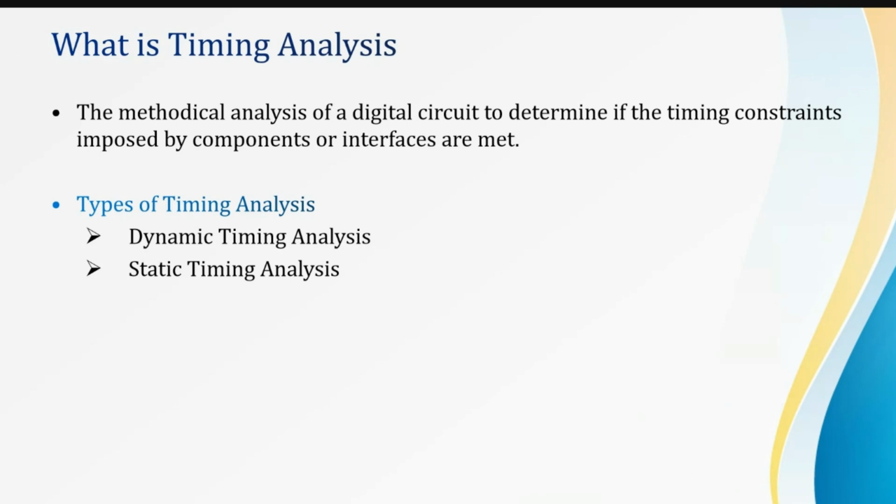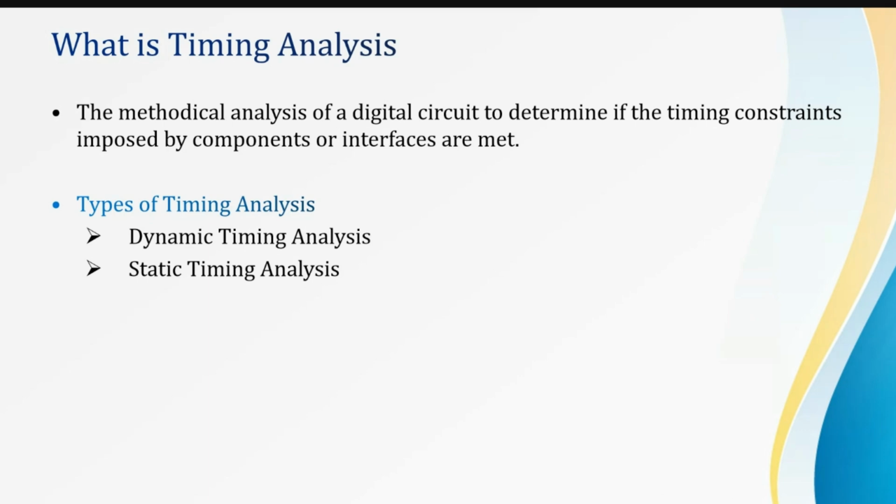So the main difference between dynamic and static timing analysis is that dynamic timing analysis checks the functionality as well as the timing, so it needs the inputs. It will be slower and complex, but accuracy-wise it is more accurate. Whereas static timing analysis checks only the timing, not the functionality.